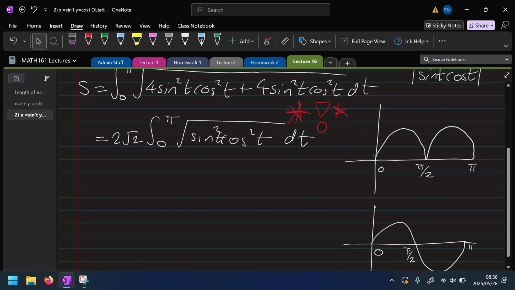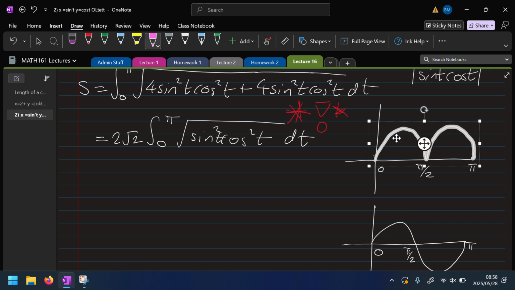Okay. Now, integrating these two will be very different if you leave out the absolute value. So with the absolute value, you're going to get this positive amount here. Okay. But if you leave out the absolute value, notice we've got some positive amount here in blue, and then this negative in red.